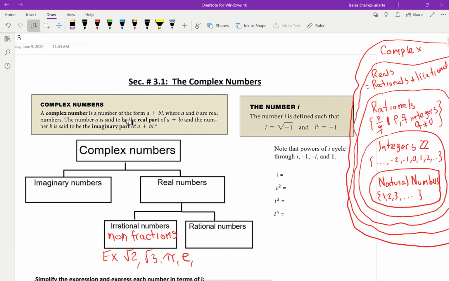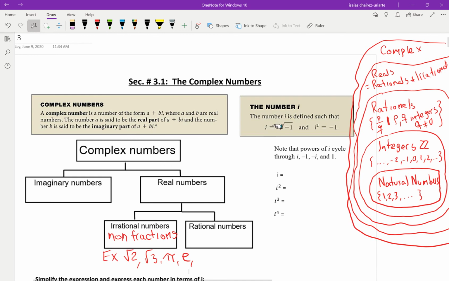So we said that a complex number is of the form a plus bi. A is called the real part, B is called the imaginary part. Okay, there is this thing called i. i has a definition. i is defined as the square root of -1. You're just going to have to memorize it.